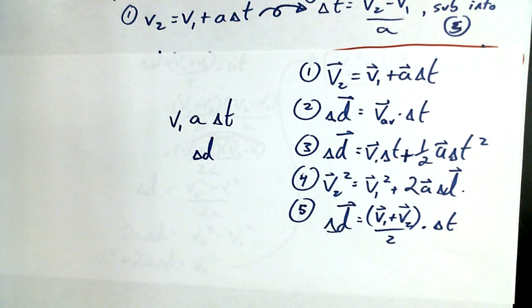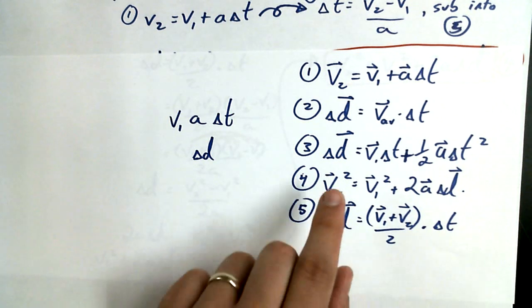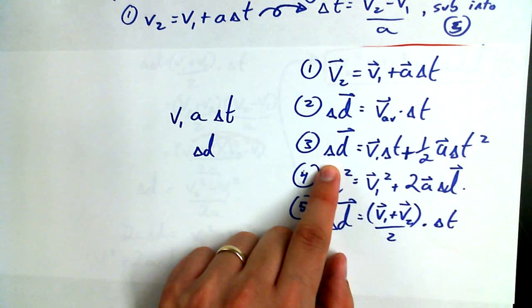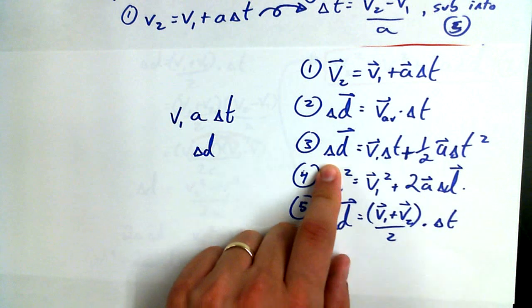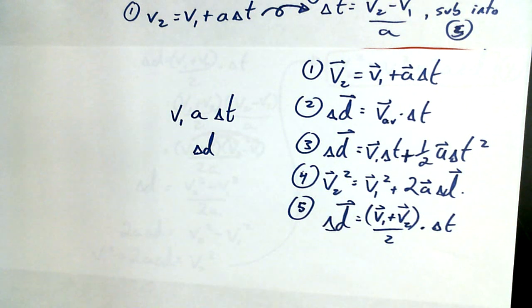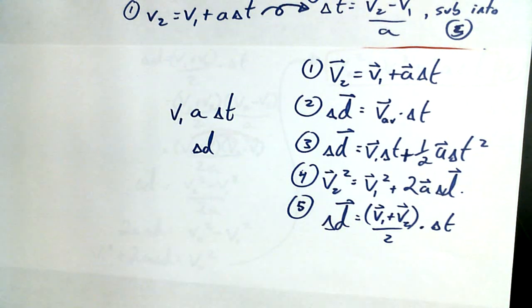I'm trying to find displacement. I know V1, A, and delta T, but I don't know V2. What's an equation that might help me find displacement? Yep. Number 3, let's check it out. I want to know delta D. That's there. I know V1, I know delta T, I know acceleration. Bingo. That's good. I like it. Now I could find displacement then.